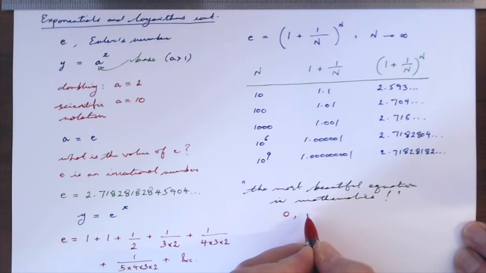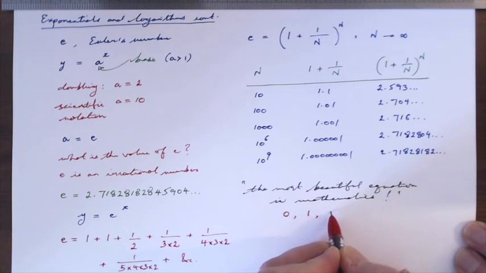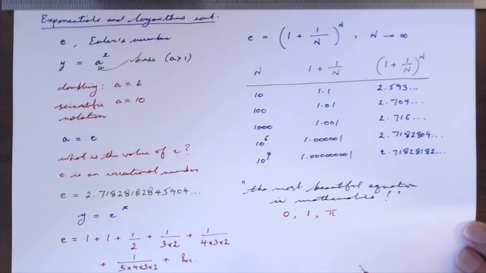The next is 1, representing unity. The next number in this beautiful equation is one we know relatively well, which is pi, the irrational number that is the ratio of the circumference to the diameter of a circle, known to the Greeks.